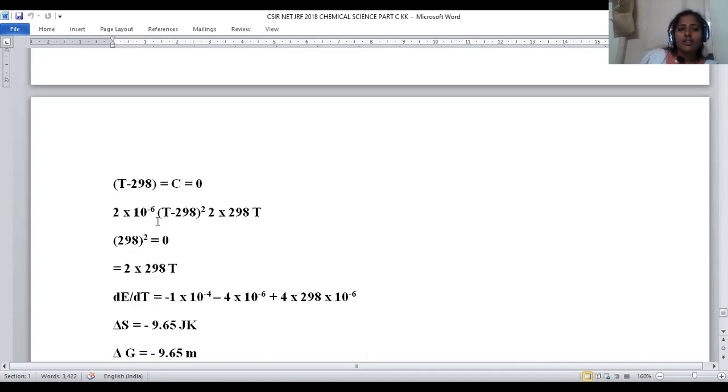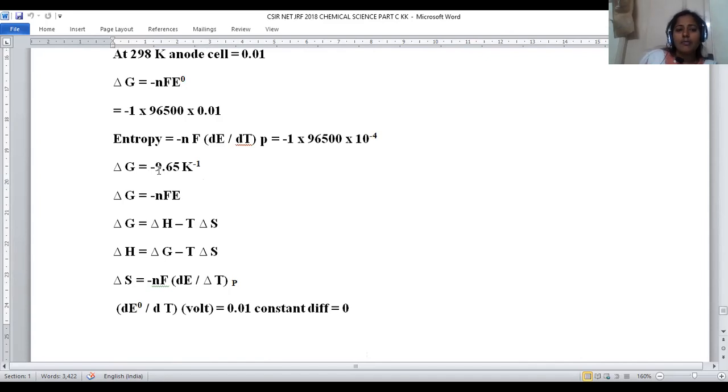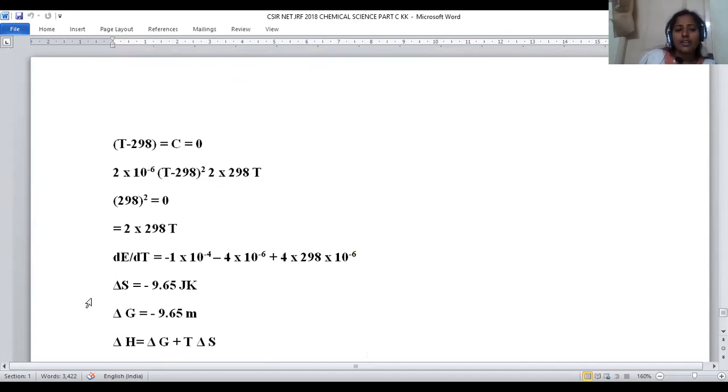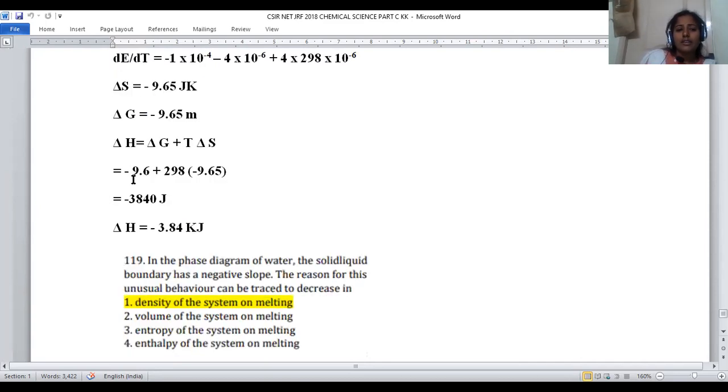Delta G value is calculated as minus 9.65. So minus 9.65 plus the temperature, 298 Kelvin, times the delta S value we just calculated, minus 9.65.